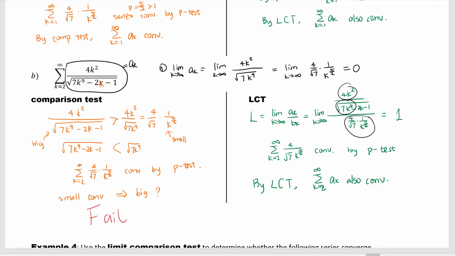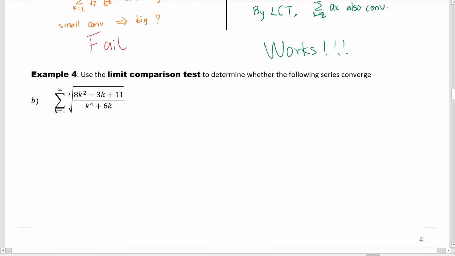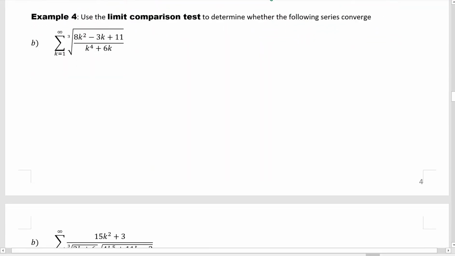That's why I strongly recommend the limit comparison test, because it works more generally. So let's look at example 4. From now on, we just use the limit comparison test.